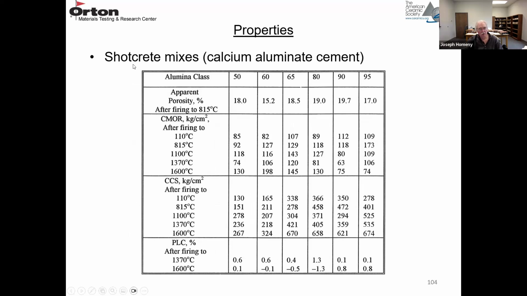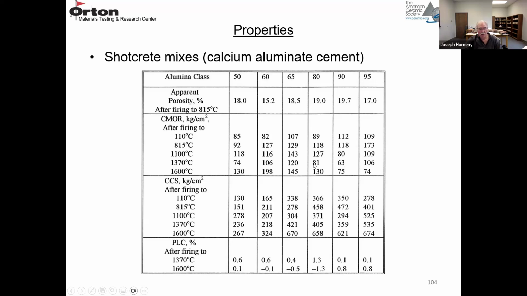And then this is a shotcrete mix, again, based on a calcium aluminate cement. And they're going from about 50 to 95% alumina. So if you look at the cold MOR and the cold crushing, there may be slight decreases here, modest strength losses, but these are denser materials because of the shotcreting process.